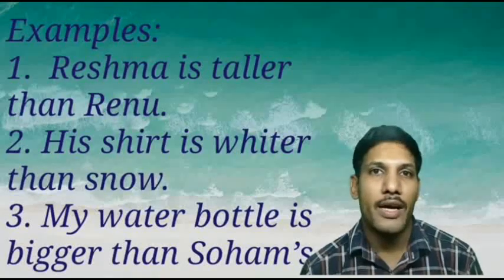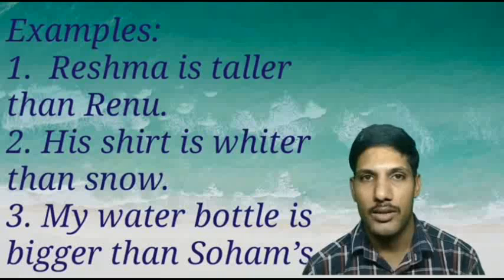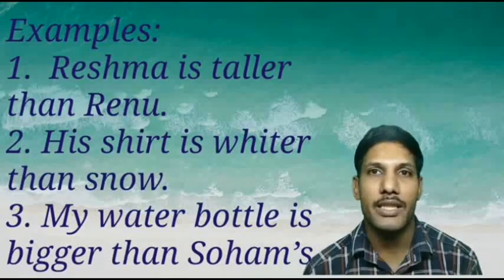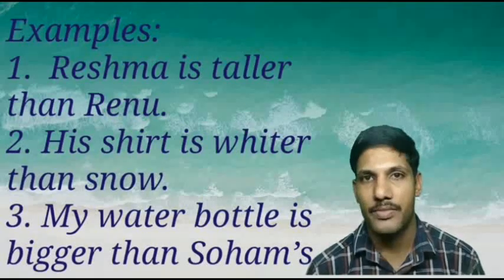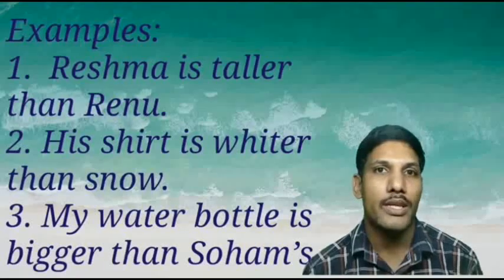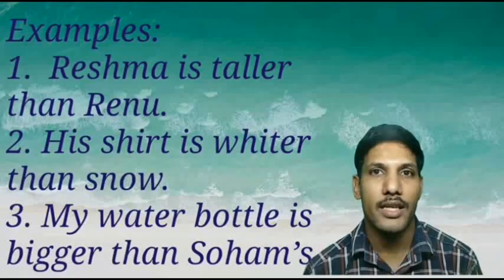Notice that we have added than after taller. This is how we make comparative degree sentences. The next example. His shirt is whiter than snow. Again, the color of the shirt is compared to the color of snow.